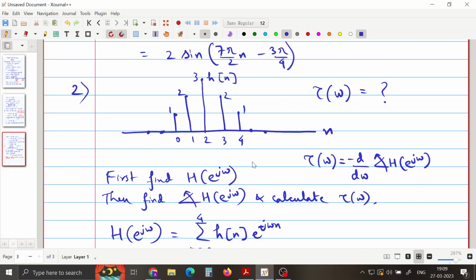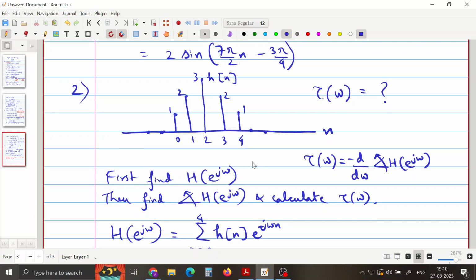Now see, there is a particular pattern in this impulse response diagram. It rises up, reaches a maximum, and then uniformly falls down. So there is a symmetry in this impulse response shape. What kind of symmetry is there in this h of n?